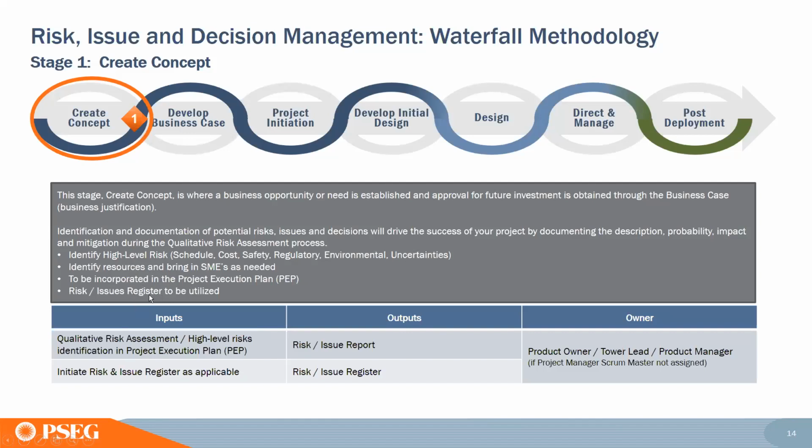And this is where your risk and issue register will be created. Your input is your qualitative risk assessment, your high-level risk identification, and your output is your risk or issue report. You initiate your risk or issue register, and your output will be that register. And over here, you see the owners of that process.